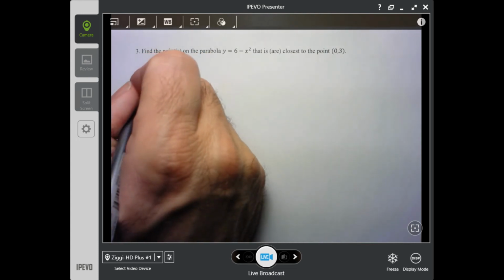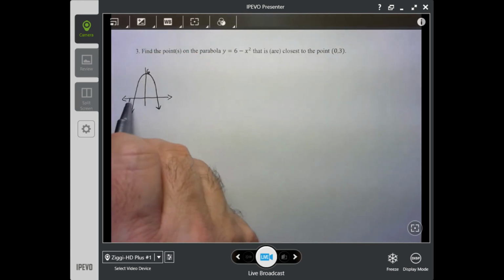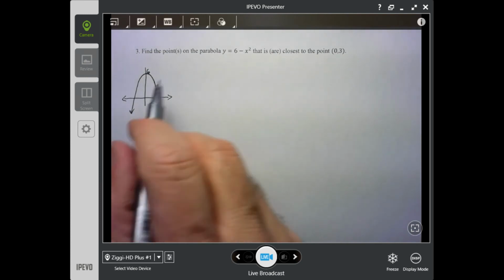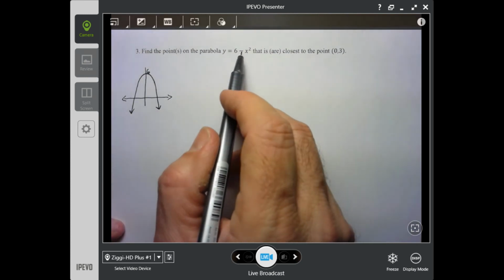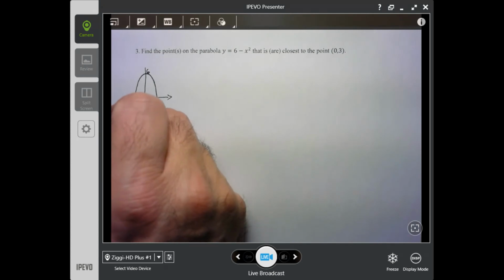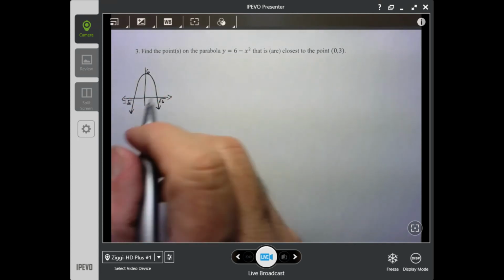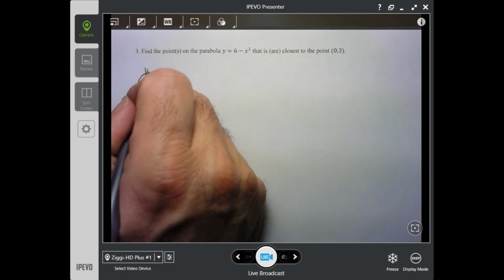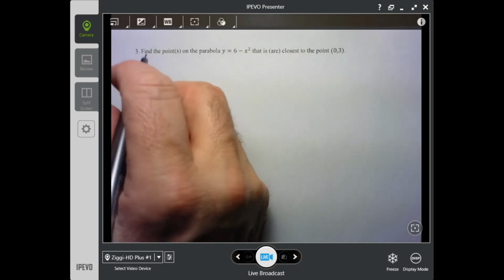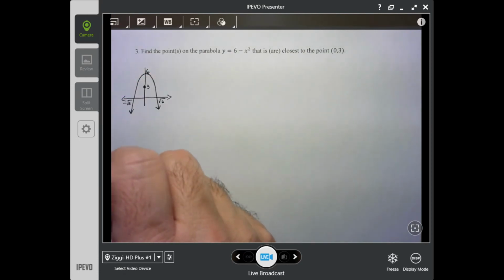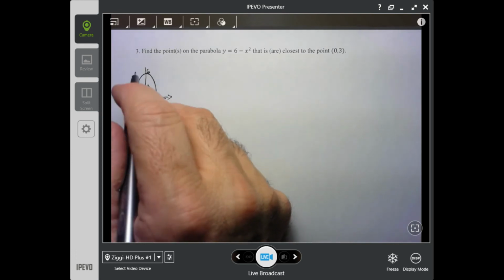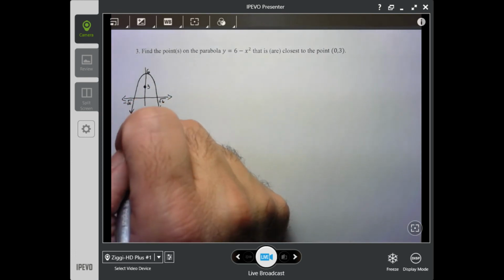Okay, this is going to be 6, and the x-intercepts would happen if I were to solve this: x squared equals 6, so x equals negative root 6 and positive root 6. All right, and the point that we're working with is 0, 3, so right in between 0, 0 and 0, 6. Okay, and we want to determine the point or points that are closest to the point 0, 3.